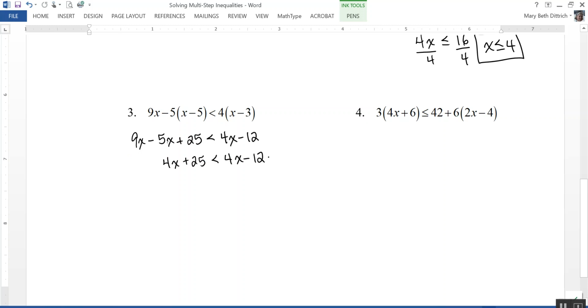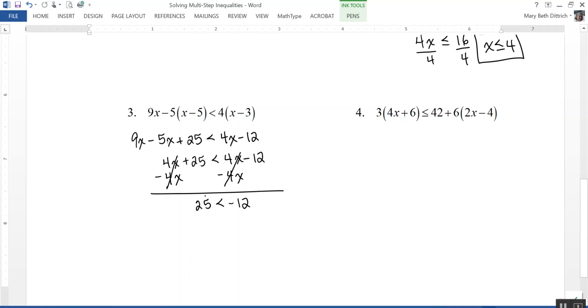Okay, I'm noticing that this is a little strange. I have a 4x on both sides. Let's see what happens when we subtract 4x on each side. Okay, 4x minus 4x is 0, and that leaves me with a 25. 4x minus 4x is 0, and that leaves me with a negative 12. And I'm left with the statement that 25 is less than negative 12.